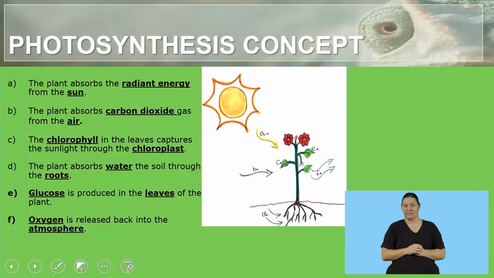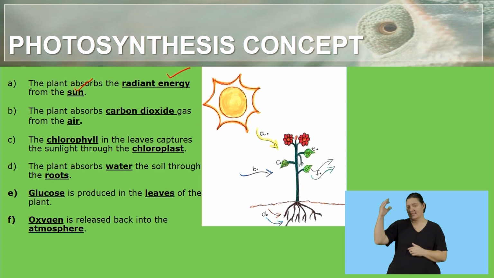Right, so let us go to the solution. The first statement, it says radiant energy from the sun. So our answer is radiant energy, which comes from the sun. The second one is the plant absorbs the carbon dioxide, that is the gas, from the atmosphere or the air.